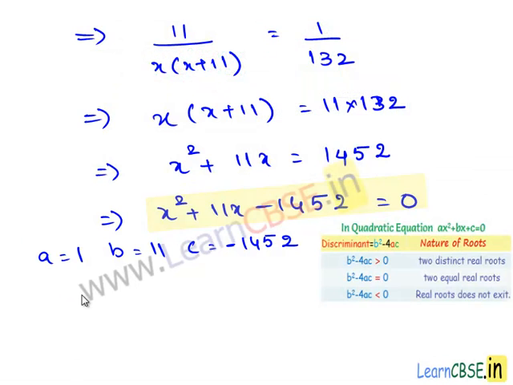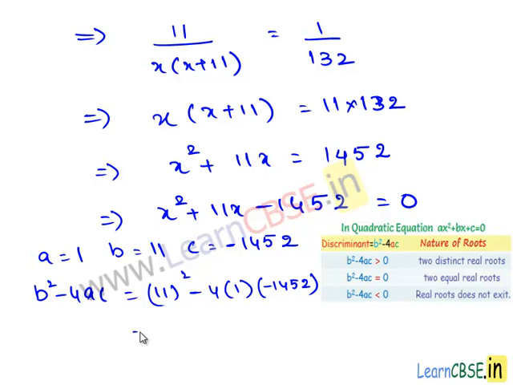So now let us calculate the value of b square minus 4ac. So b square is 11 whole square, and minus 4 times 1 times minus 1452. So this is equal to 11 square is 121, and minus multiplied by minus gives plus, and 4 multiplied by 1452 is 5808.